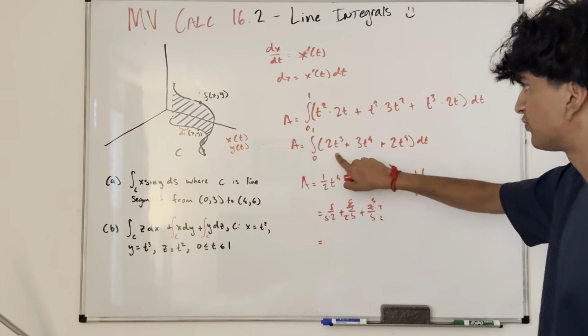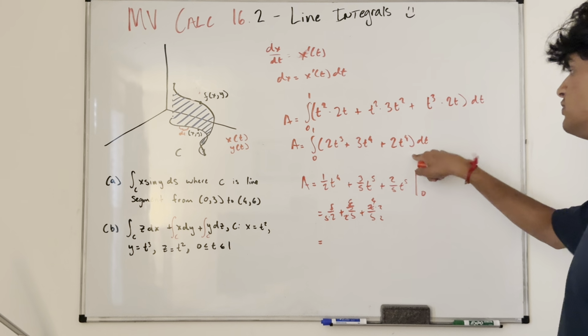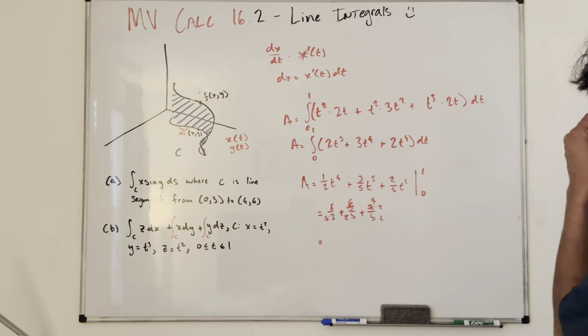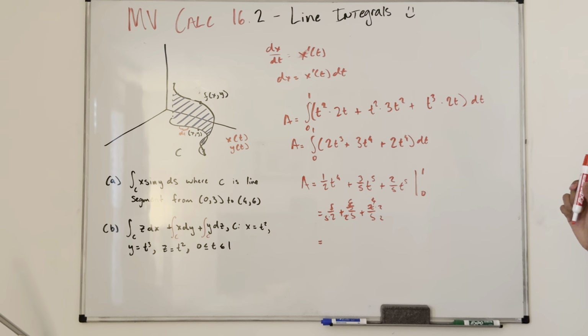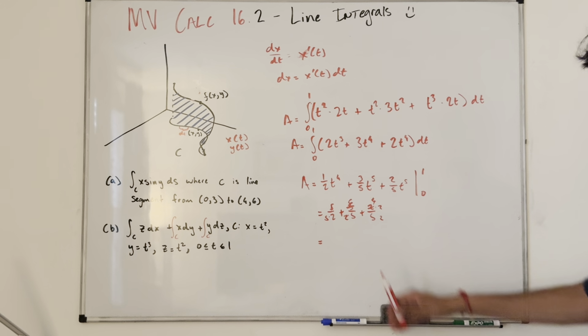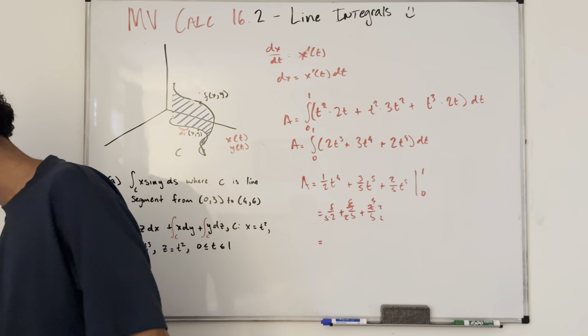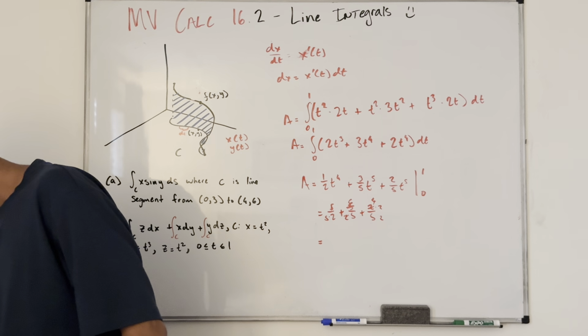Because I get 2 over 4, 3/5, 2/5. Or no, I guess it would be 15 over 10? That doesn't even make sense. This is just 1. Oh, so it should be 3/2. What is the answer? Is it 3/2?